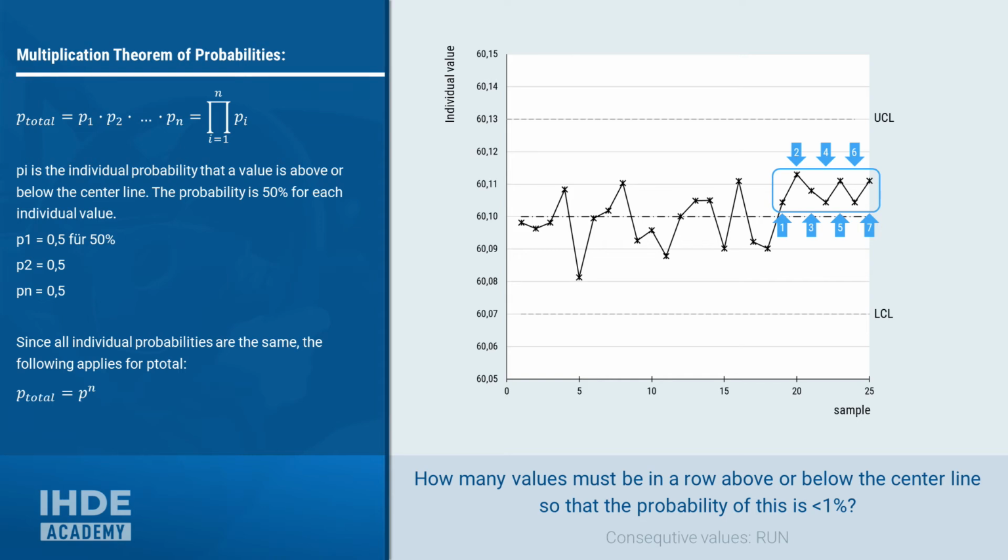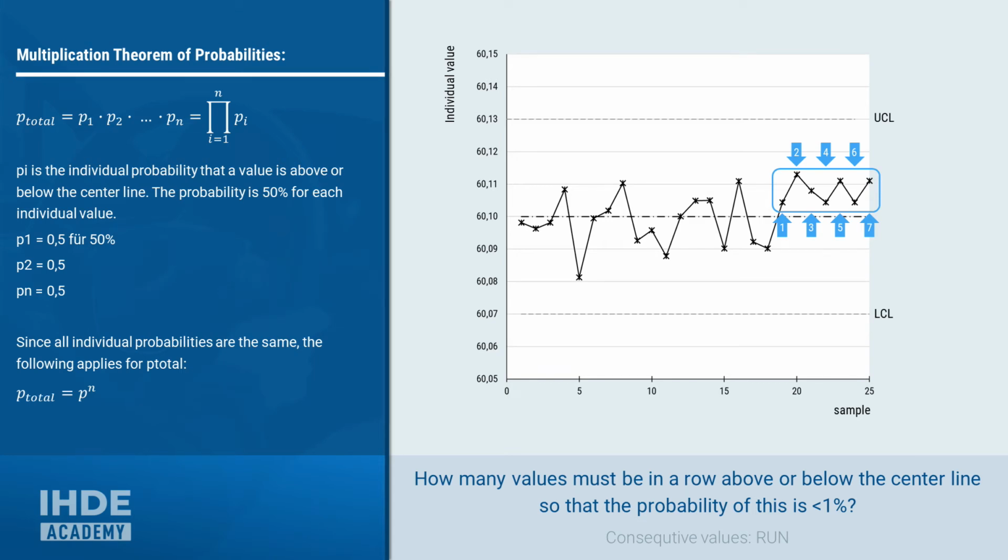To calculate this, we use the multiplication theorem of probabilities. The probability that a value is above or below the center line is 50%. The relative individual probability P1 for the first value is therefore 0.5.